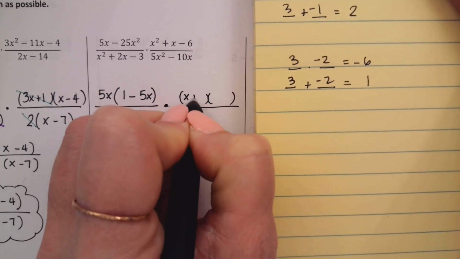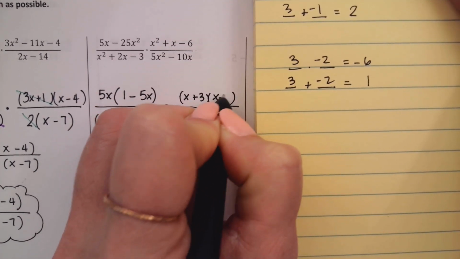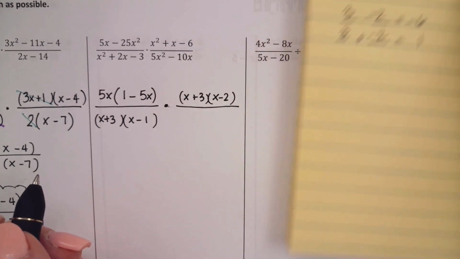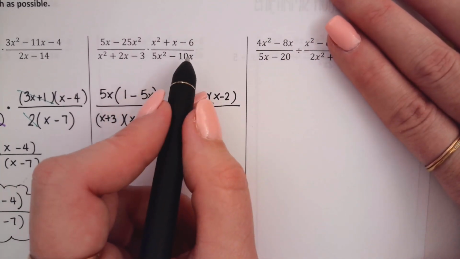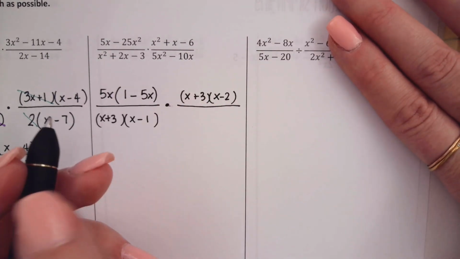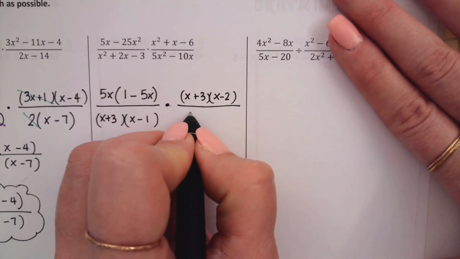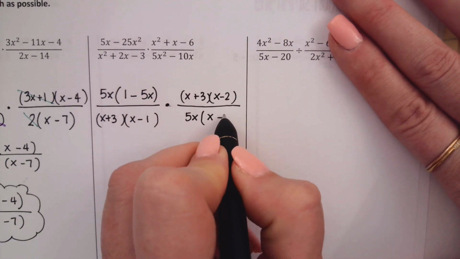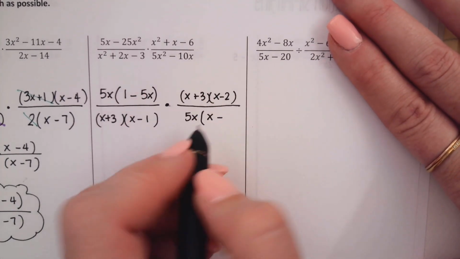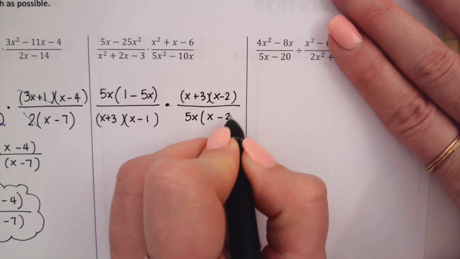So my two parentheses, one will be x plus 3, one is x minus 2. Okay, and then the denominator just looks like it has a GCF. What is that GCF? 5x. Good. And if I divide by 5x, I'm going to get x minus 2, since 10x divided by 5x is 2.